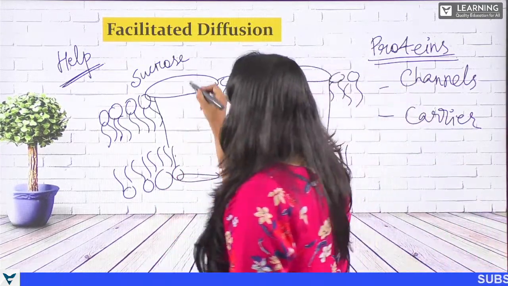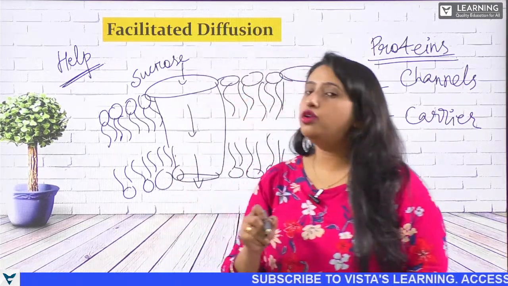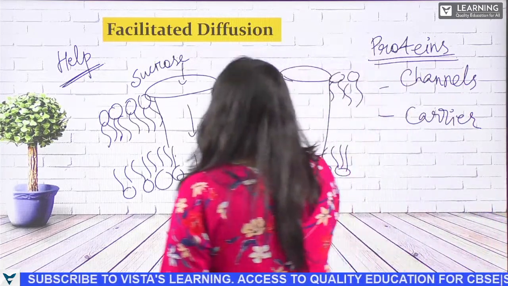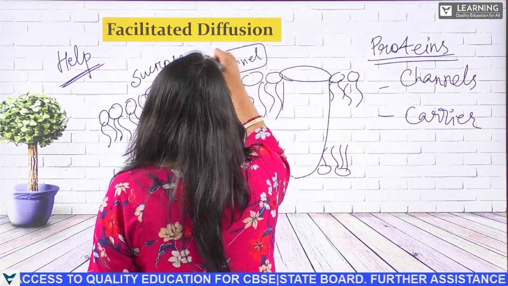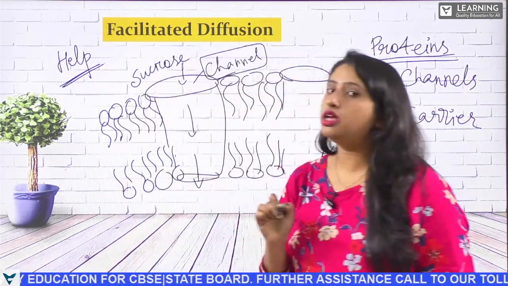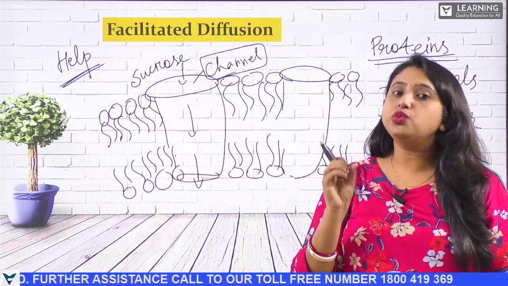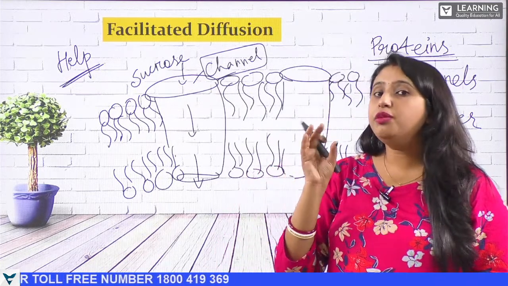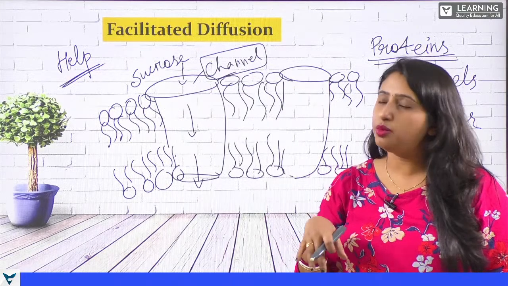So these channels create pores inside them, big pores, so the molecules can easily pass the plasma membrane.